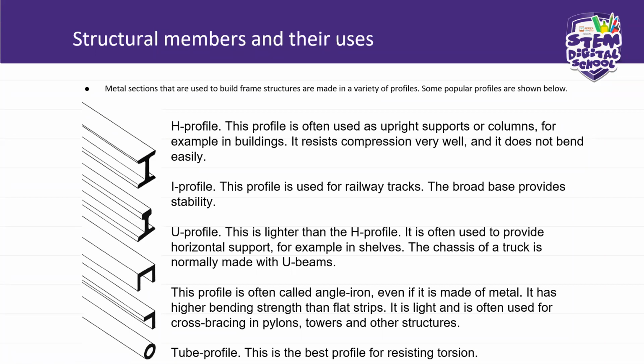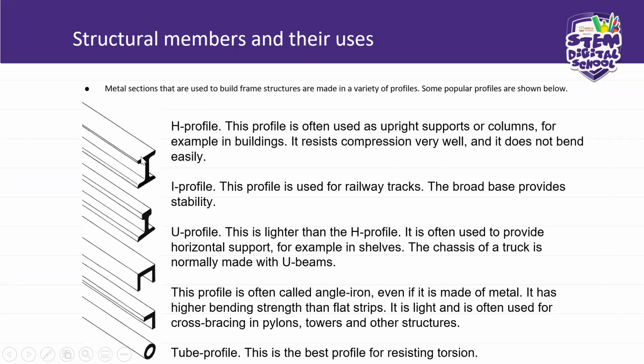The I girder and the H girder are not the same. Some books can show you that the I girder and the H girder are the same, but actually they are not. So this is the I girder and this is the H girder.